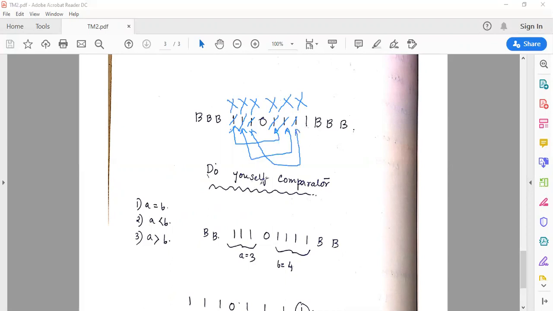After doing this entire process, as you can see, all the ones on the left hand side of the 0 are already exhausted. But we are left with one 1 on the right hand side of 0, which concludes that the second number, the number on the right hand side of 0, is higher, or larger, than the first number.